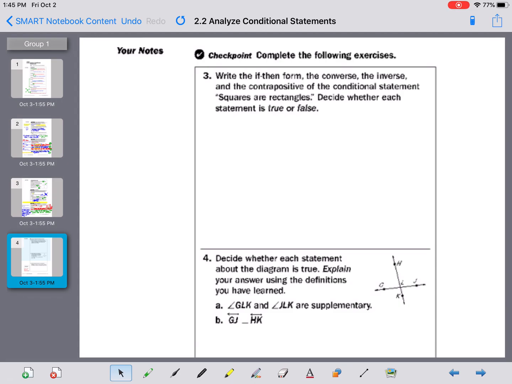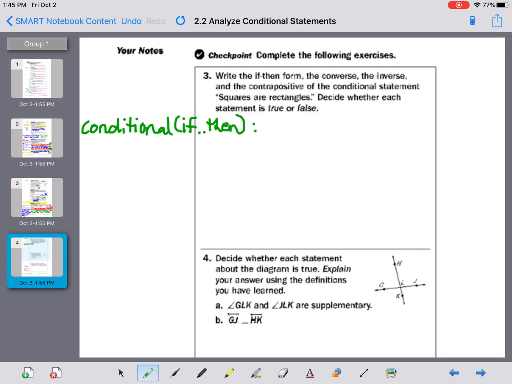Okay, write the if-then form, the converse, the inverse, and the contrapositive of the conditional statement, squares or rectangles, and then decide whether each statement is true or false. Okay, so we need a category. Squares, what are squares? We can go with a shape, that'll work. Okay, so let's start with my conditional, also known as my if-then, okay?